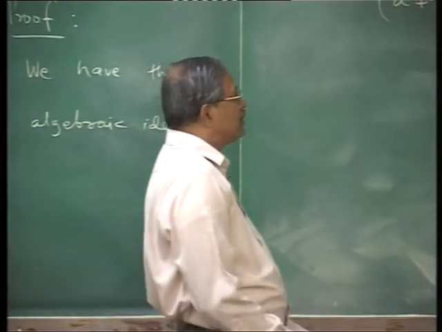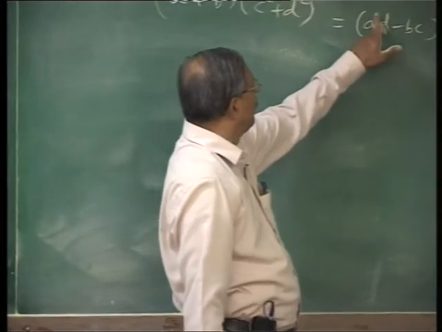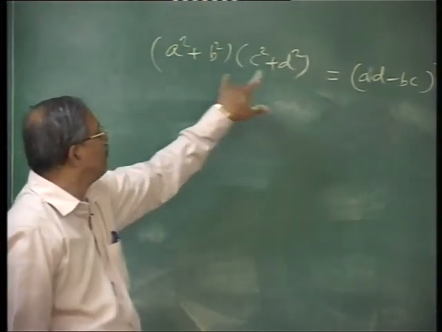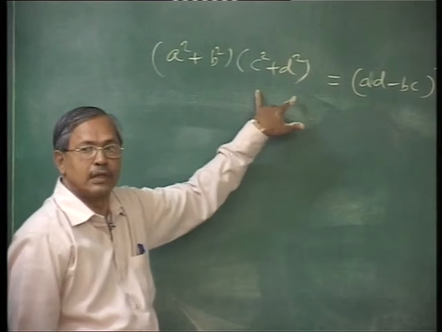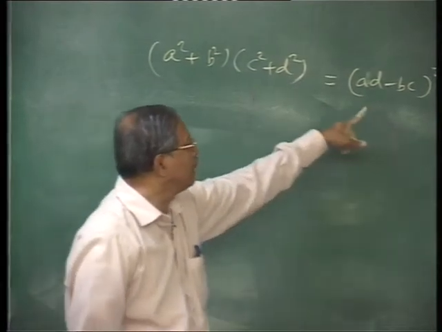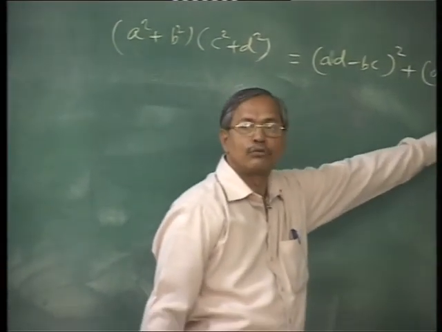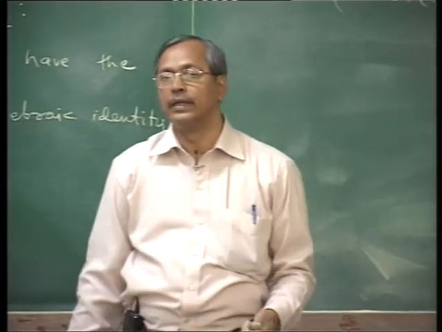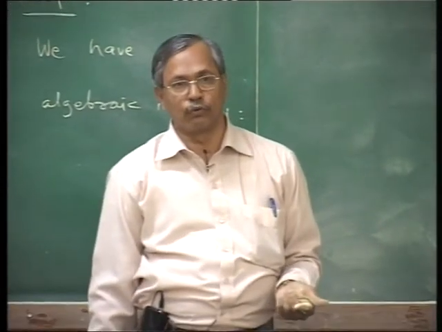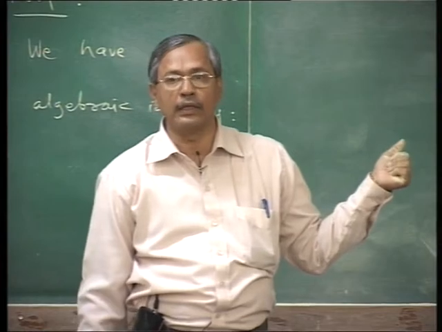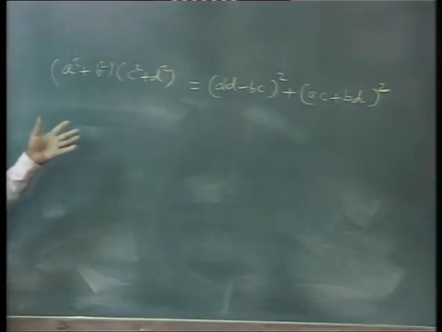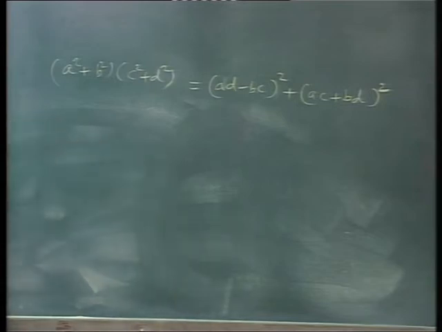The advantage of this identity is that if you have a sum of 2 squares multiplied by a sum of 2 squares, then you can write this as a sum of 2 squares. The product of two numbers which are sums of two squares is also a sum of two squares. This is true for real numbers, complex numbers, and for integers in particular, and for integers we shall be using it.